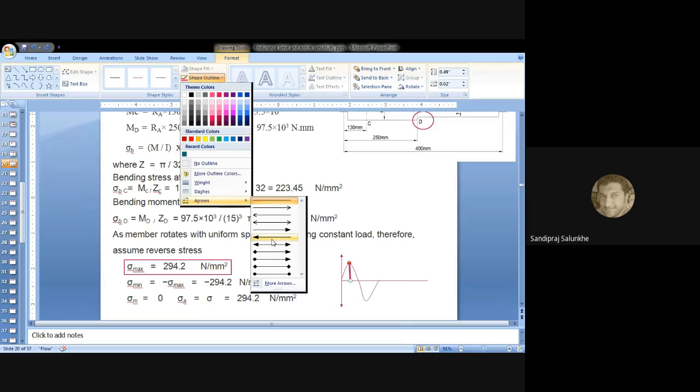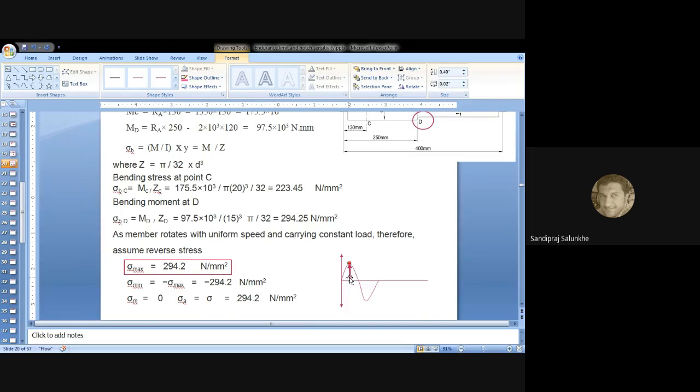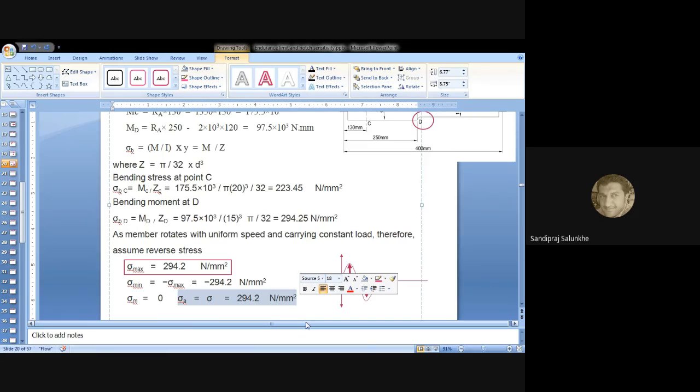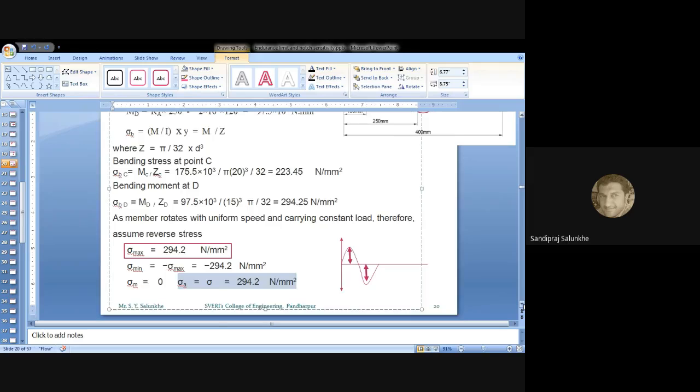I will say it as amplitude only, not average actually. So this amplitude will be equal to 294.2 Newton per millimeter square. Now this same amplitude will be to the other side also. Now these values we require: maximum stress, minimum stress, mean stress, and amplitude of stress, to go for the further calculation to calculate the endurance limit.